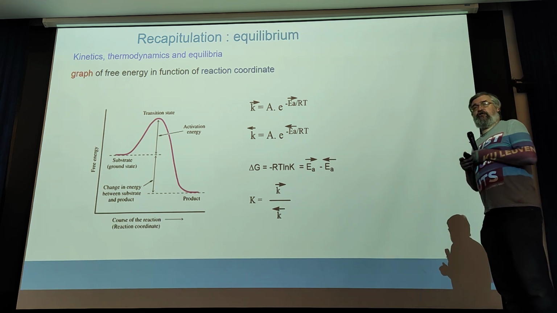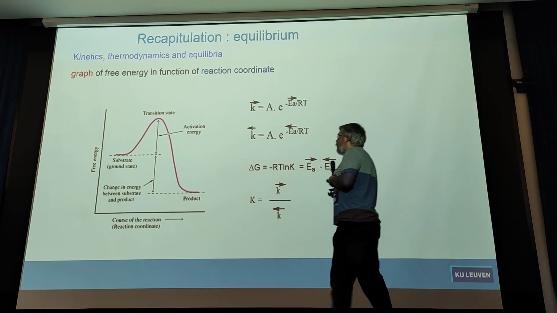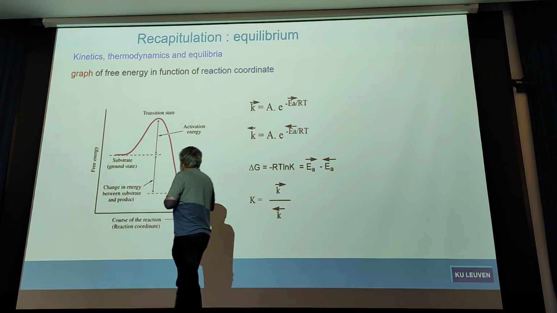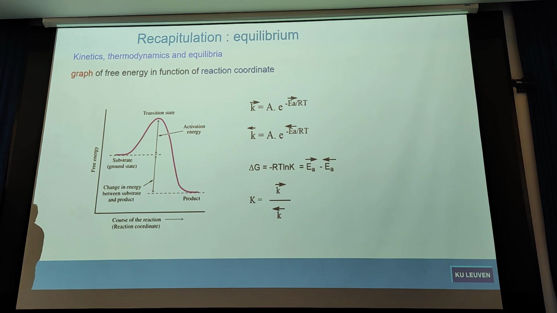The activation energies are also different, because going from left to right, the activation energy is much smaller than going from right to left. So the k will be quite different. We can predict that delta G is negative, and therefore the reaction is probably going strongly to the products.